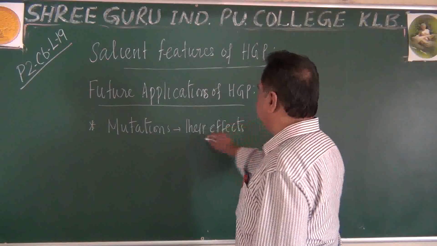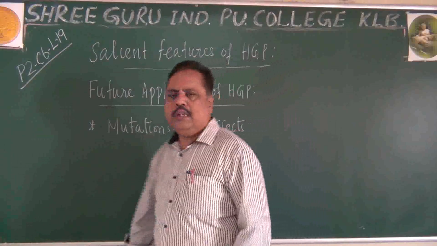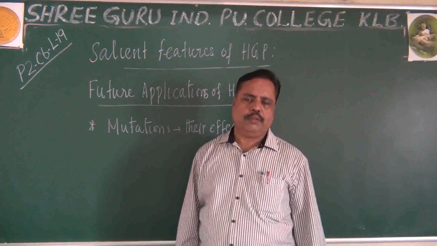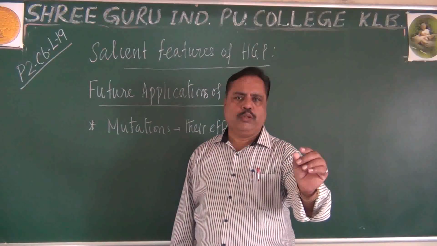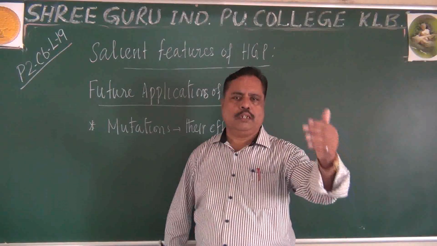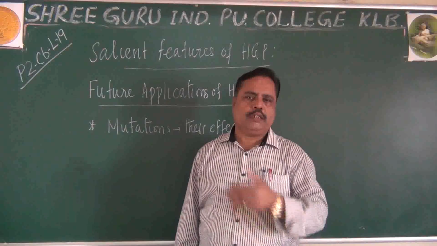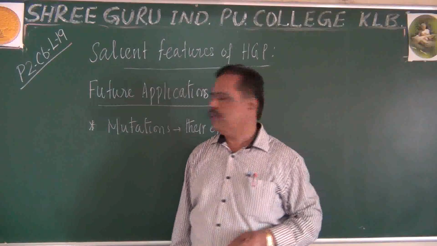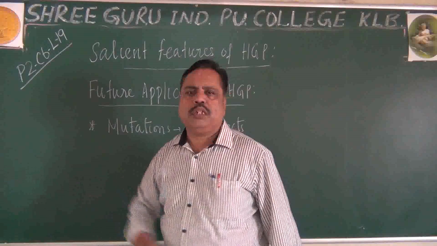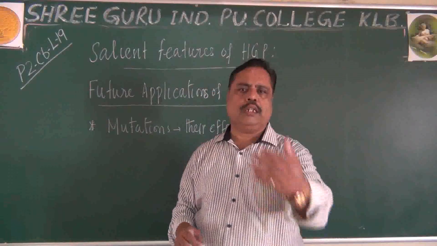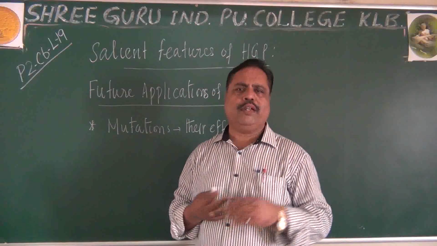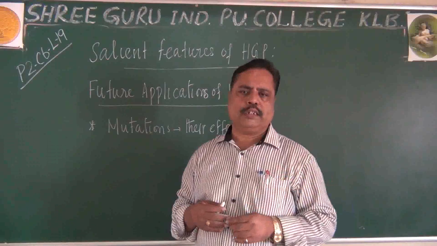Effects of mutation can also be identified by this project. So which gene has undergone mutation, why a person shows that morphological difference, everything can be understood. That is how we have understood sickle cell anemia and other genic disorders, phenylketonuria, all those things.